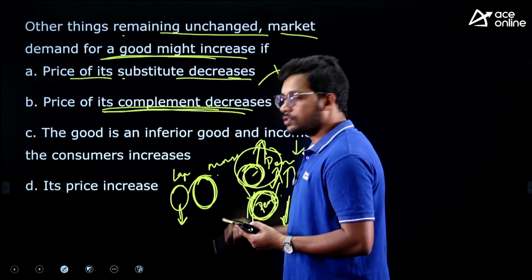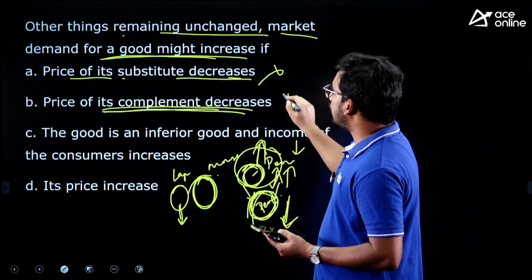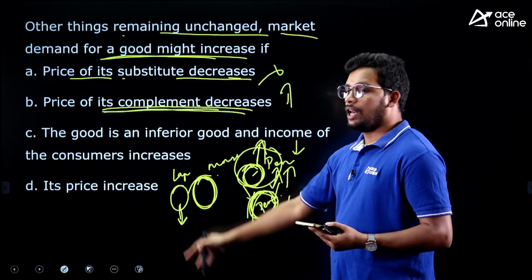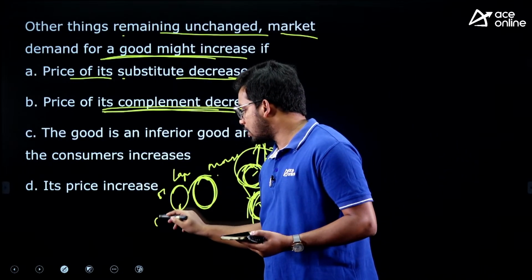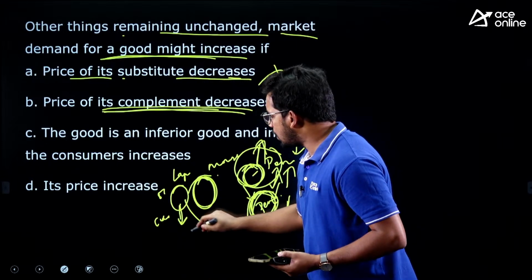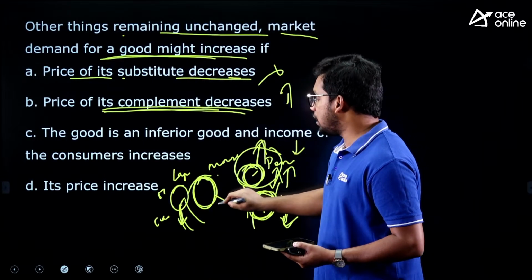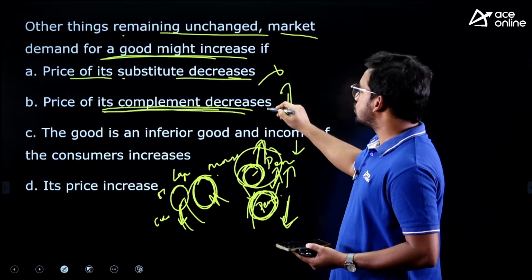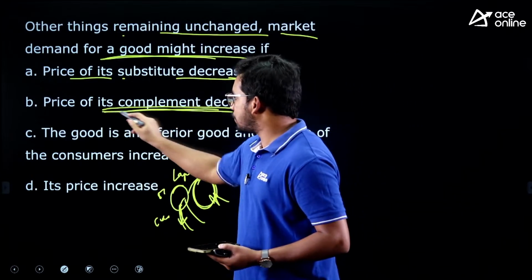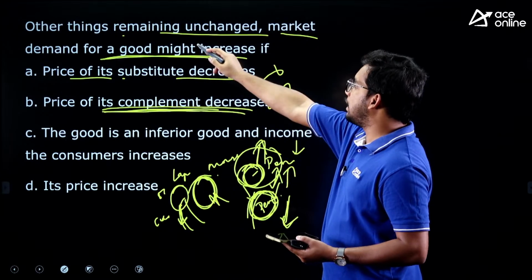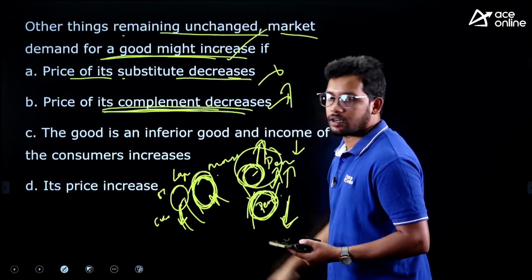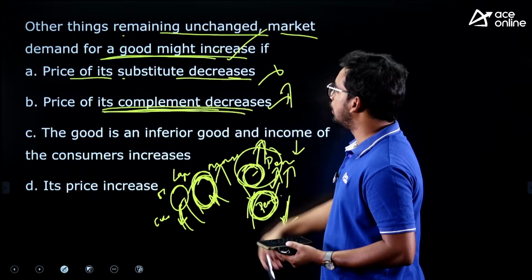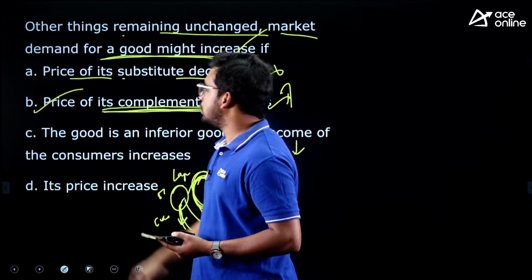Now will the demand for the mouse increase or decrease? It will increase, because the laptop is costly and they are now giving it for just 10,000 instead of 50,000. So people will rush to buy laptops and they also need a mouse. So this is correct: if the price of its complement decreases, the demand for this particular mouse will also increase. So the second statement is the correct answer.